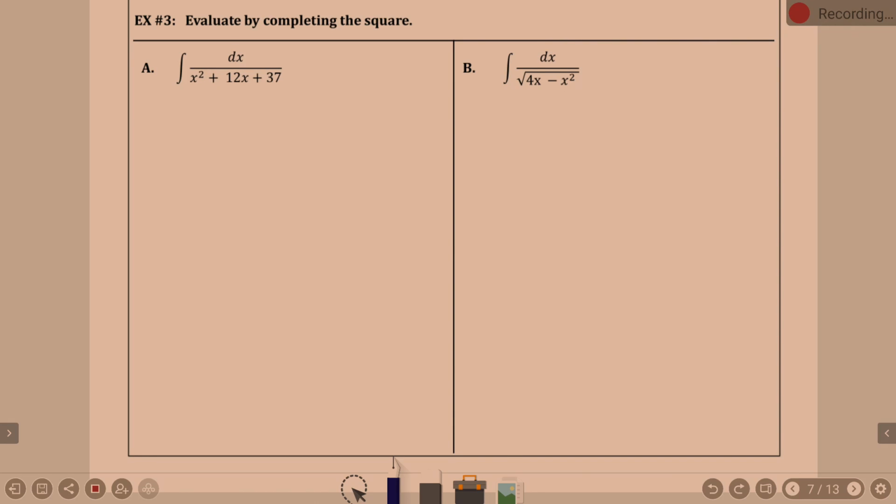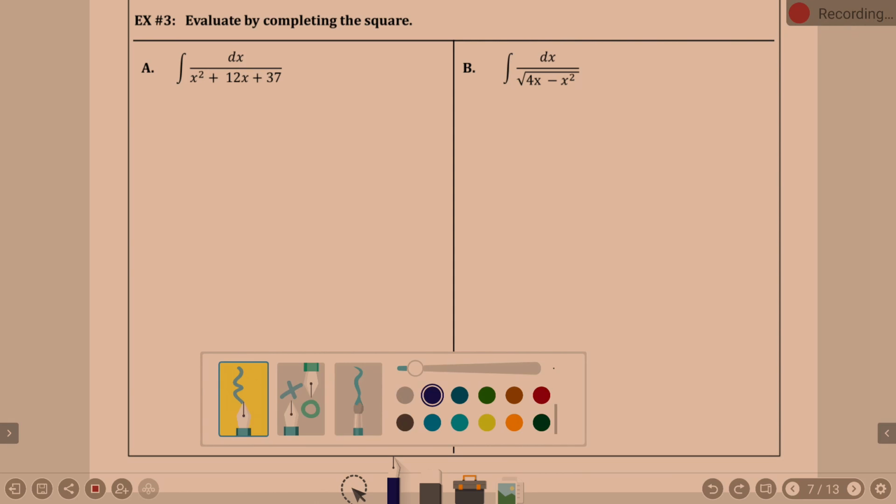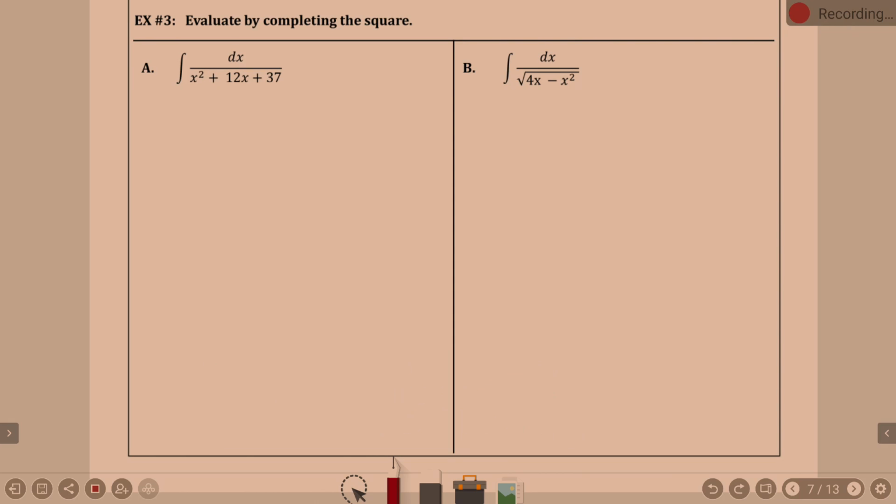There's not something we can use for u substitution. So this is where, as you can see in the directions, they recommend completing the square. Now, the idea of completing the square is that if something is in the right form, it can be factored into 2 identical parentheses. Okay? Which way do I want to show this?